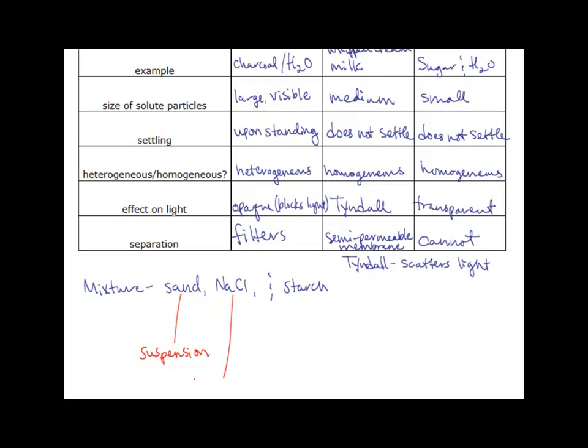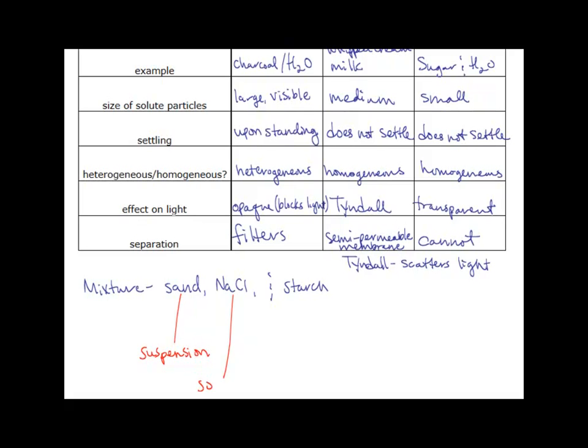Sodium chloride. So we had our mixture, we filtered it, and then we used a semi-permeable membrane. Sodium chloride was on the outside, but it was still in water, so it wasn't separated from the water.